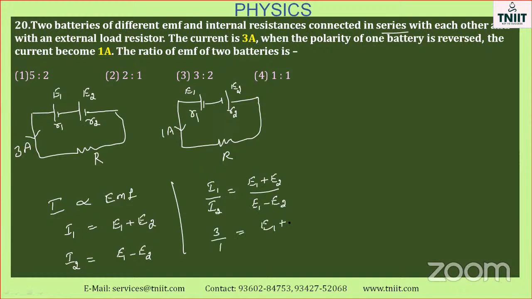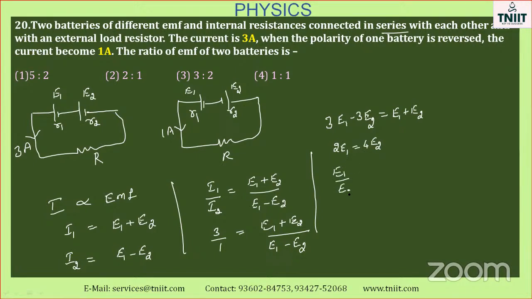So E1 plus E2 by E1 minus E2. On cross multiplication, 3E1 minus 3E2 equals E1 plus E2. So it will be 2E1 equals 4E2.